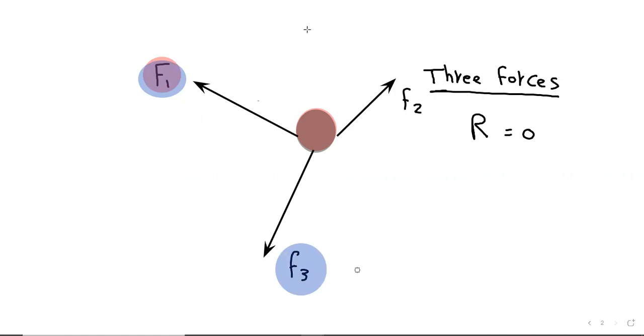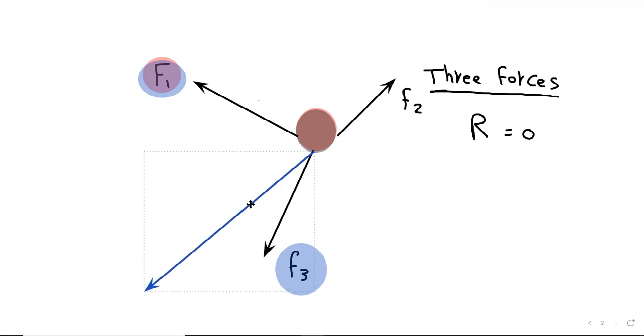That means we can represent the resultant force of F1 and F3 in this direction, in the same line as F2.